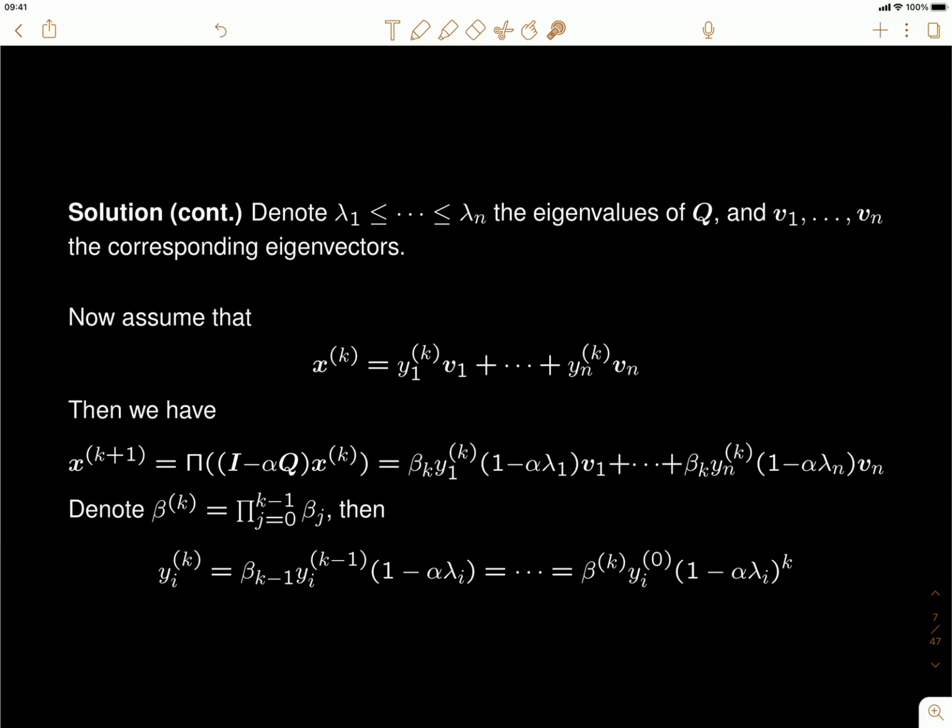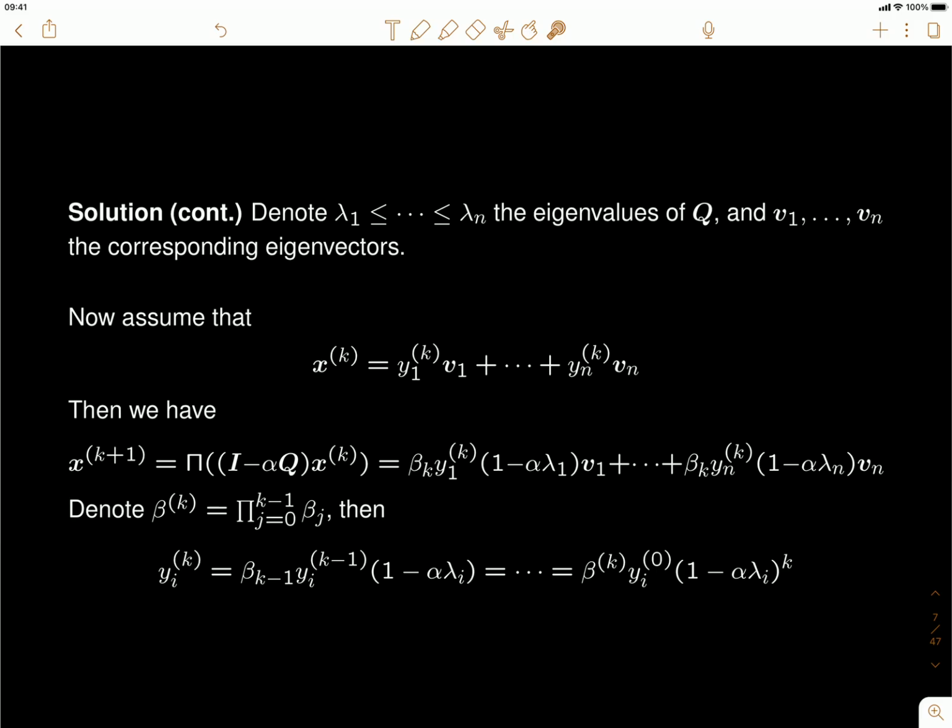Okay, so now to be more specific, let's say that we sort the eigenvalues of Q in this way: lambda 1 to lambda n. Lambda n is the largest, lambda 1 is the smallest, and they have the corresponding eigenvectors v1 through vn. Then this will span the whole space, as we know. Since Q is positive definite, the smallest eigenvalue is greater than 0, and the corresponding eigenvectors form a basis for R^n.